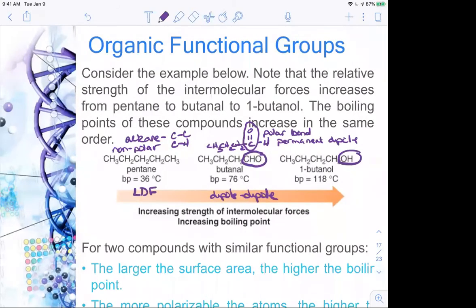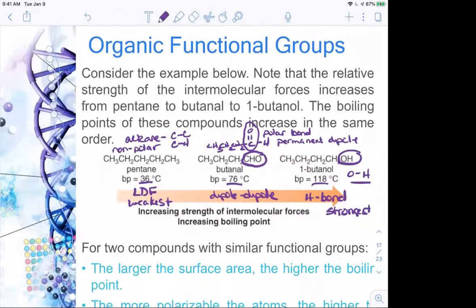This has got the oxygen attached to the hydrogen, so this can hydrogen bond. Remember, this is strongest, this is weakest. And you can tell as I go from London dispersion to dipole-dipole to hydrogen bonding, I have an increase in boiling point because I have an increase in the strength of the intermolecular force that's dominantly present.